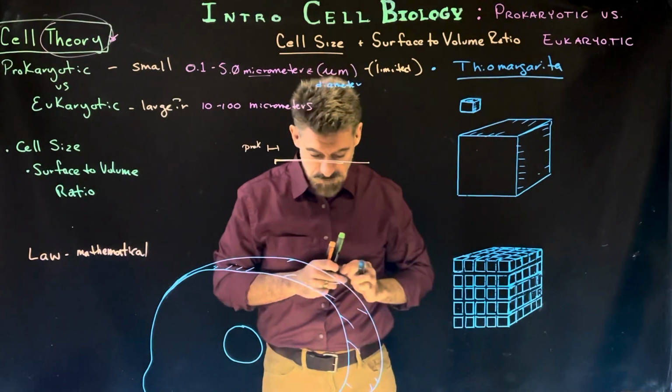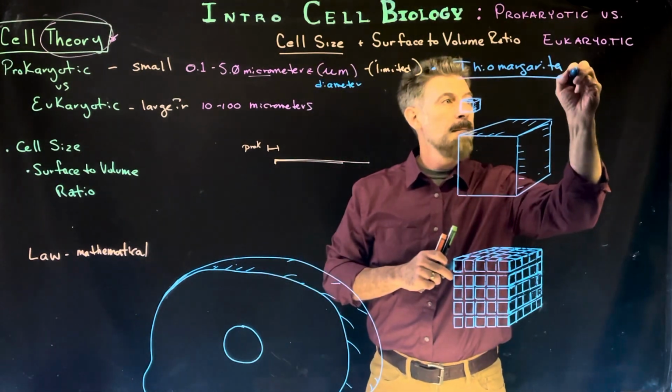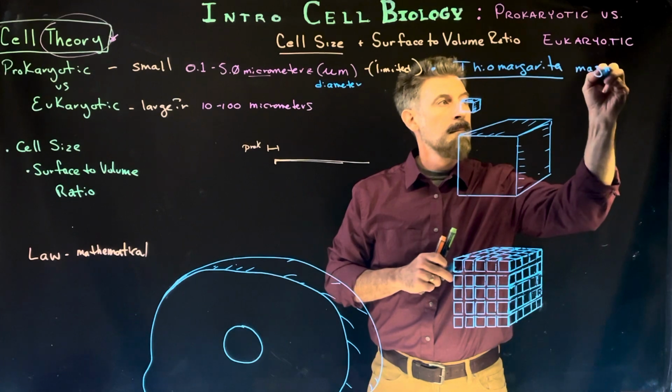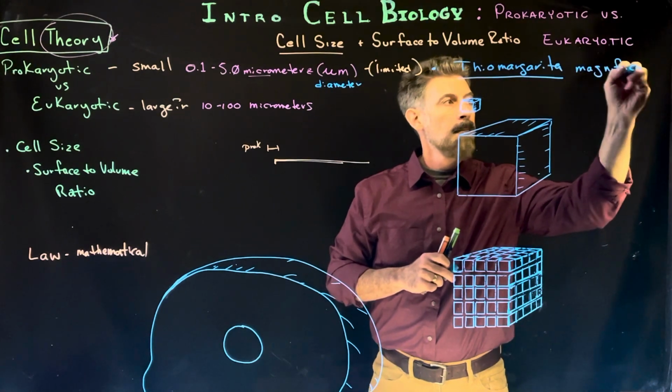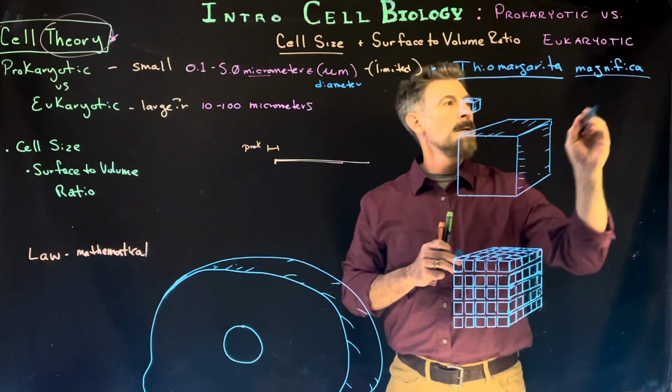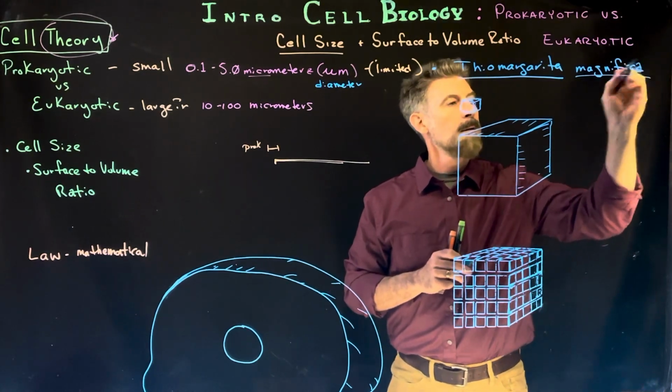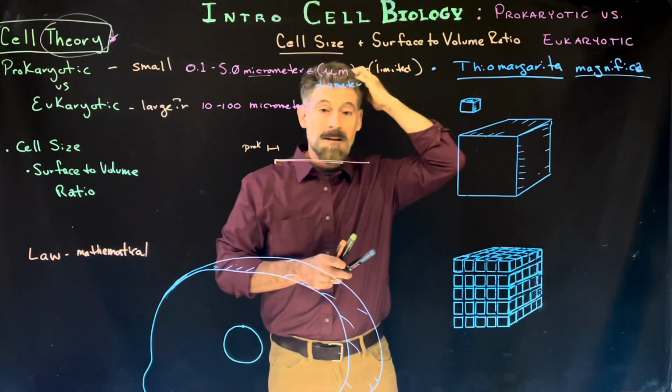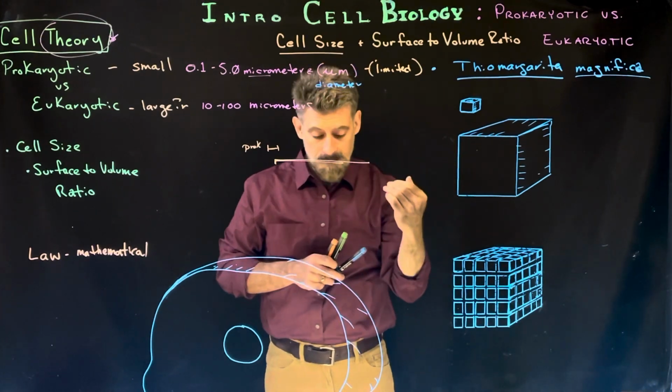That's the genus of the organism, Magnifica. I think I've got all the letters. Yep, okay. So Thiomargarita magnifica is a prokaryotic cell.